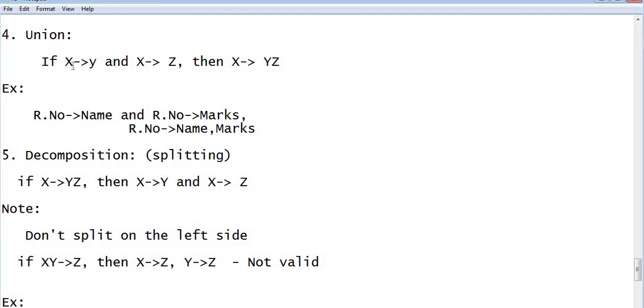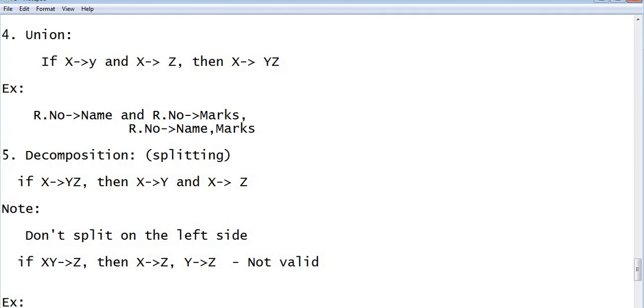If both functional dependencies are given, then X determines YZ. If X determines Y and X determines Z are given, then we can easily say that X determines YZ without checking the table.